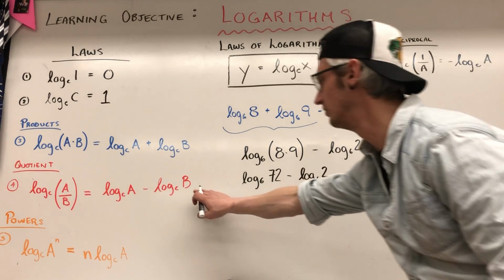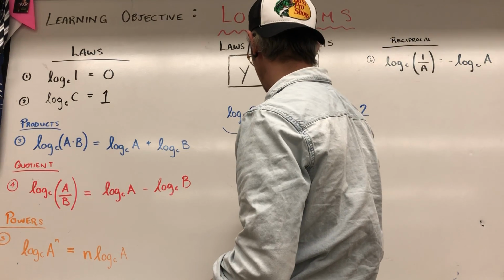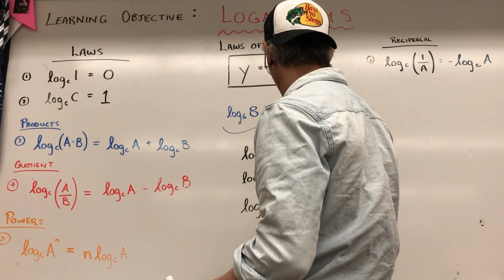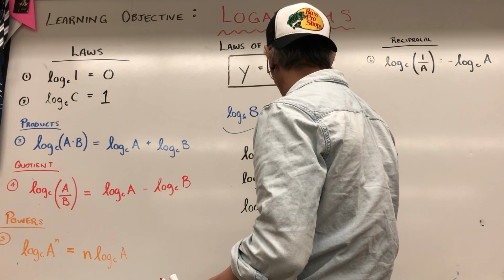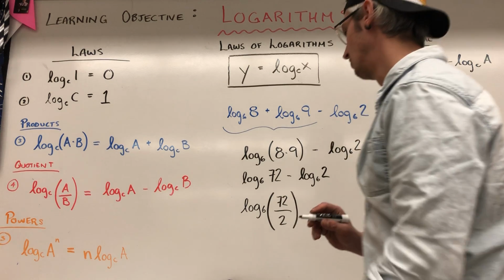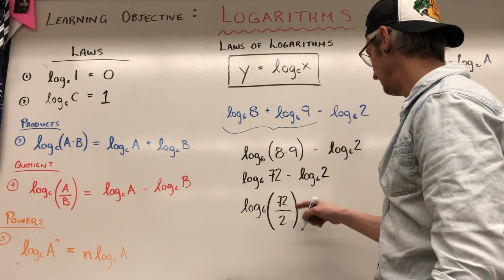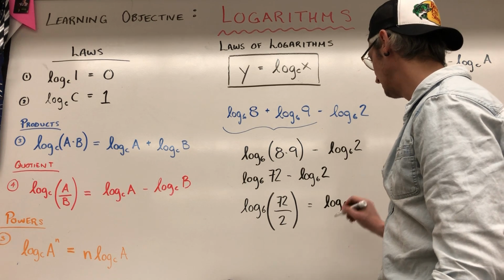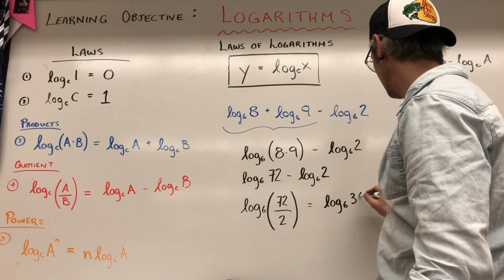Now I can use my quotient law, and I can rewrite this as log base 6 of 72 divided by 2, which is 36. Log base 6 of 36.